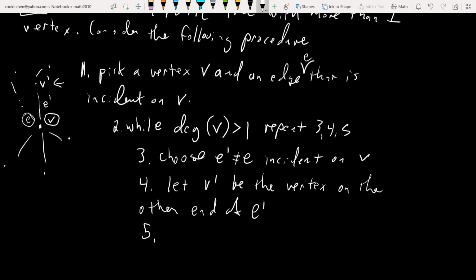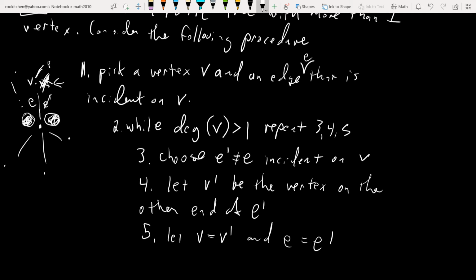Let V now be V prime, and E be E prime. So on my picture, which is getting overly populated, I'm going to get rid of this as V prime and call it V. So this is no longer V. And I'm going to get rid of E prime and call that E.